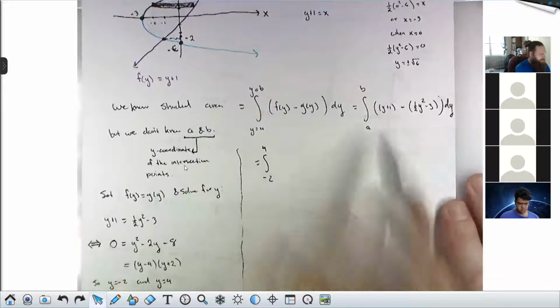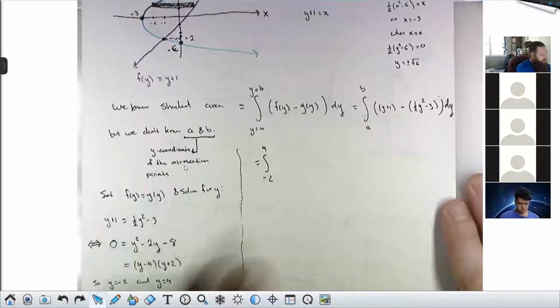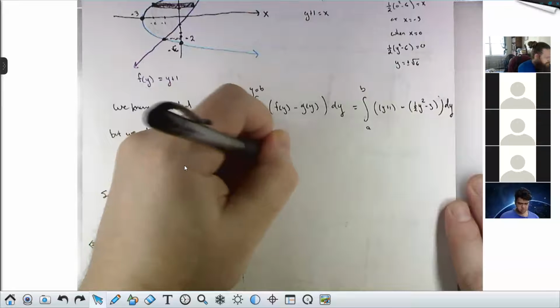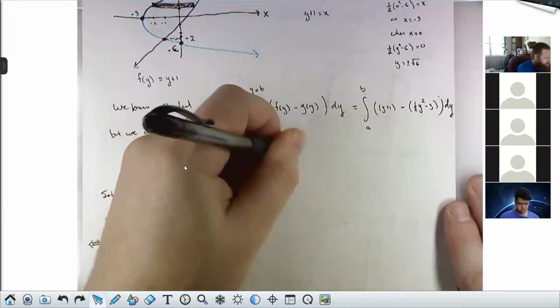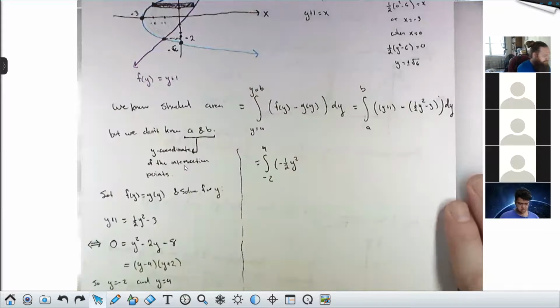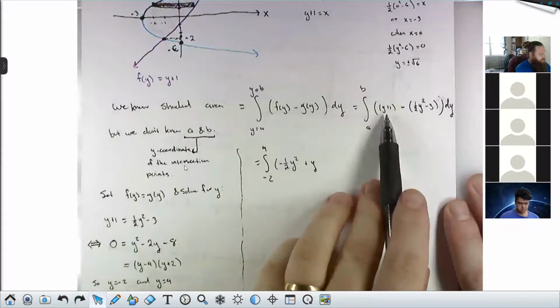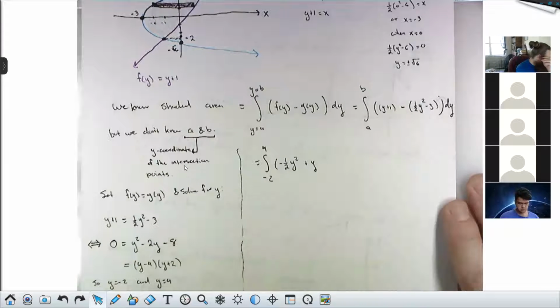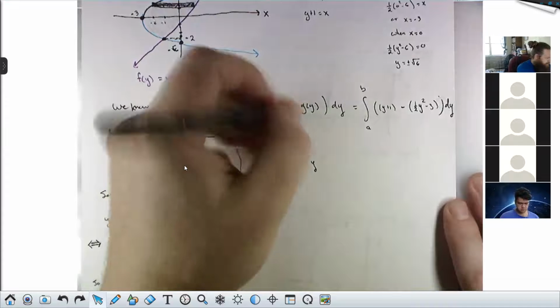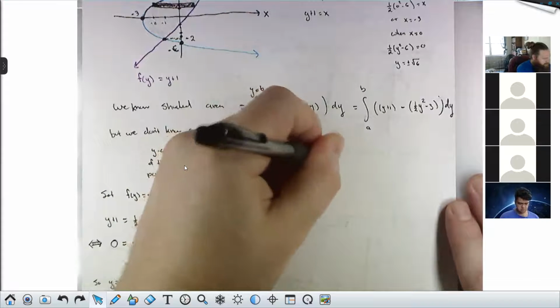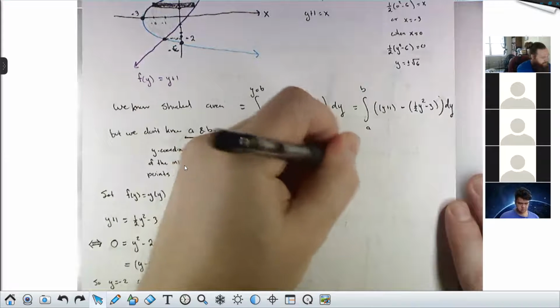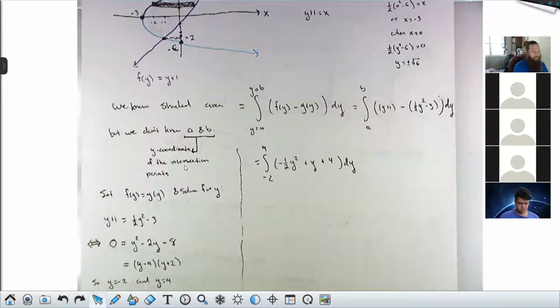I can combine like terms and whatnot in here. I'll have -1/2 y squared plus y, and then +1 minus -3, plus 4. And this integral is being done dy.